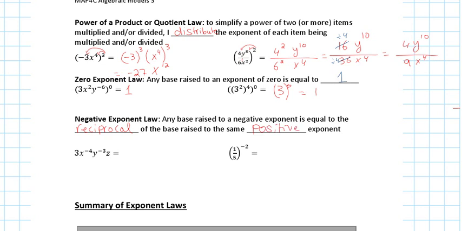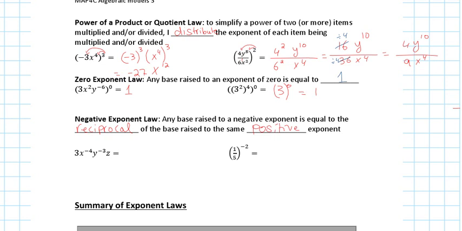What does that mean? If we have the exponent negative, we have to flip the base to the top. Flip your base. Whenever you have a negative exponent, you flip the base and make your exponent positive.